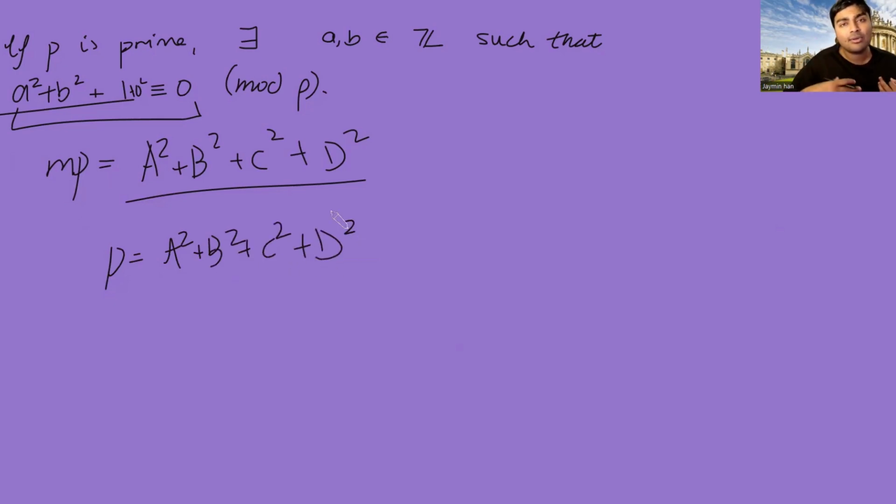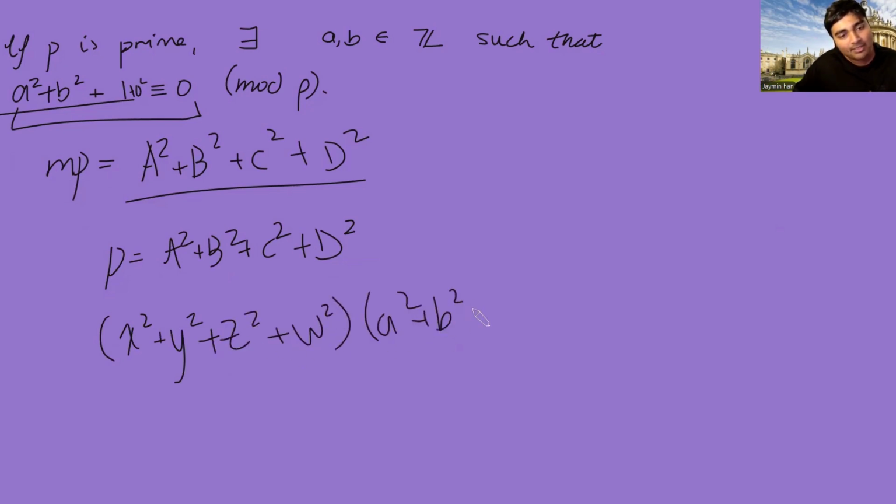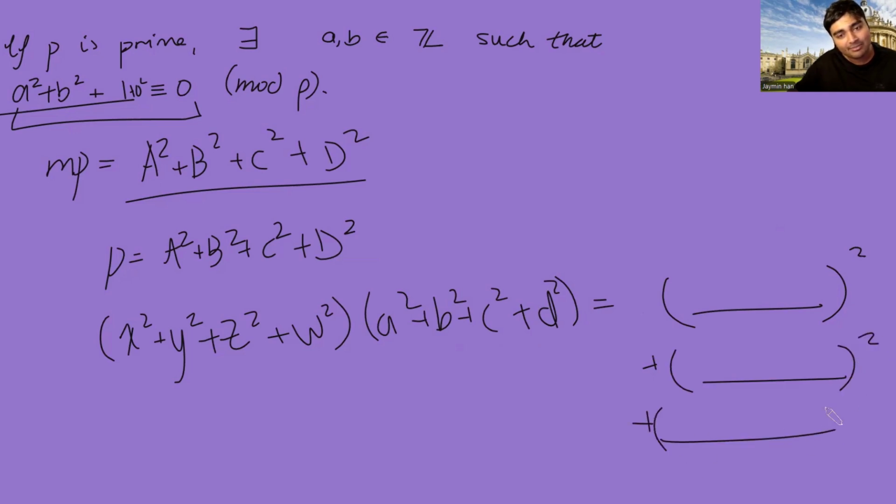And now that you've got this, you have to apply one of Euler's identities, which basically says that x squared plus y squared plus z squared plus w squared times a squared plus b squared plus c squared plus d squared equals, and I won't bother writing it out, but it equals something squared plus something else squared plus something else squared plus something else squared, all in terms of a, b, c, d, and x, y, z, and w.